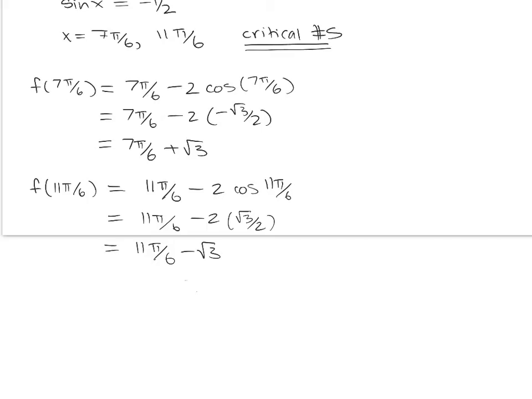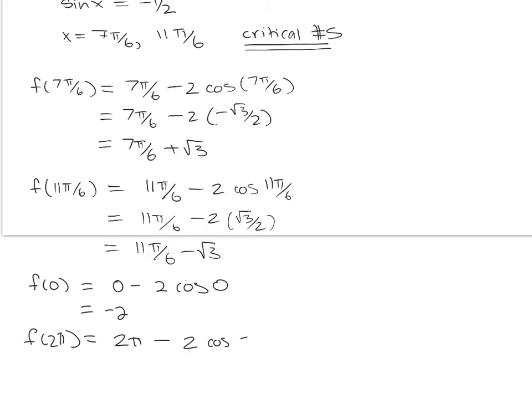Okay. And then how about the endpoints? f of 0 is 0 minus 2 cosine 0, which is -2. And f of 2 pi is 2 pi minus 2 cosine 2 pi, so 2 pi minus 2.